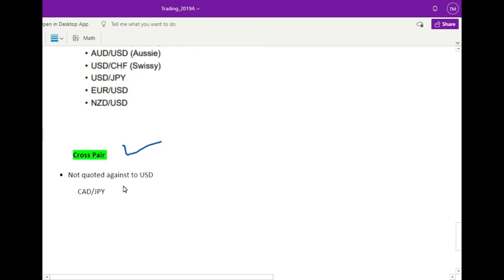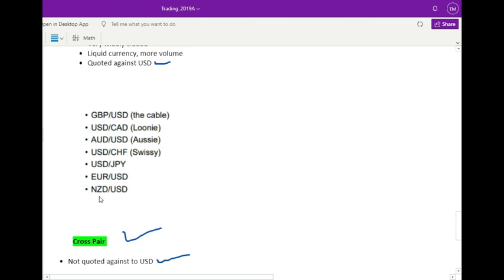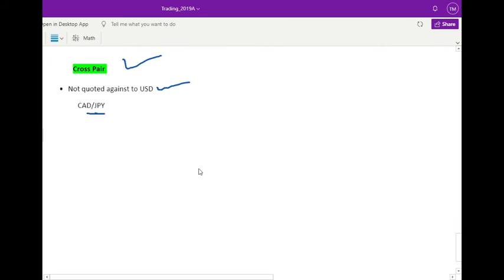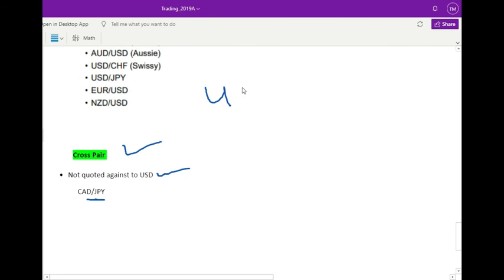Cross pairs are pairs that are not quoted against USD, like this, right? So these are cross pairs. In simple terms, in a cross pair there's no USD currency involved. Like here, is there USD?